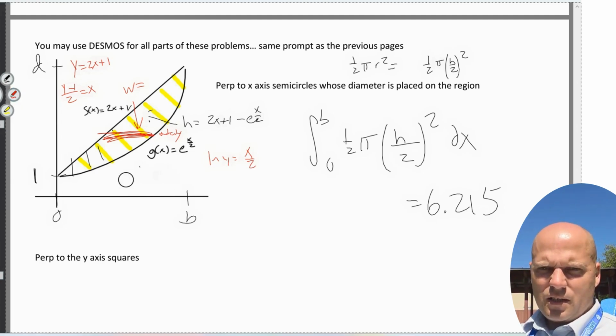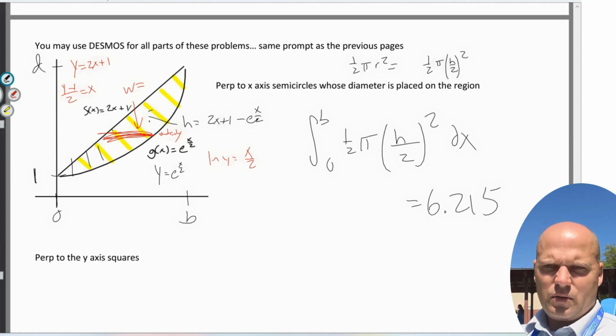Don't forget, if you have y equals e to the x over 2, you should take the natural log of both sides and then multiply by 2. 2 log y equals x. My width is x equals right minus x equals left.